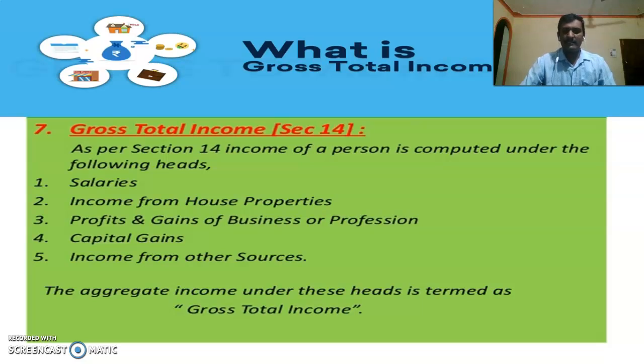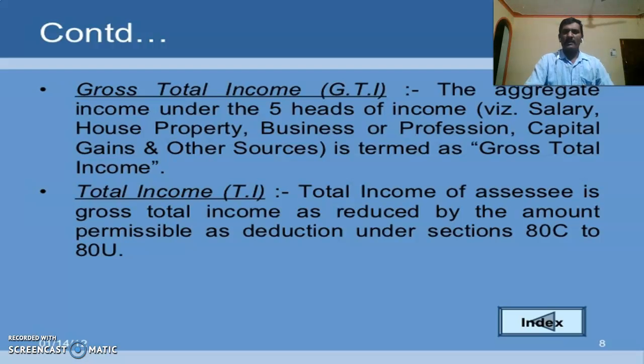The aggregate income under these heads is termed as gross total income. There are 5 major heads of income. We have to club all these heads together, and whatever amount arises is called the gross total income as per section 14. That is, dear students, the aggregate income under the 5 heads of income like salary, house property, business or profession, capital gain and other sources is termed as gross total income.